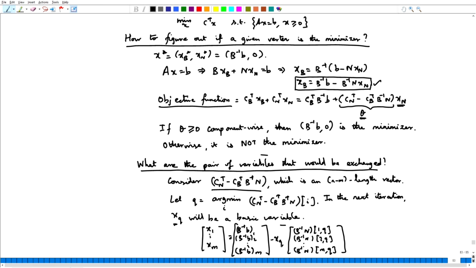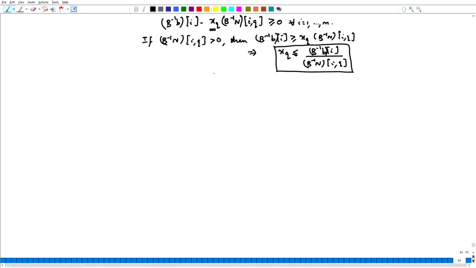Now that I am going to increase x_q and B inverse N of (1, q) is negative, x_1 is certainly going to increase. So, I do not need to care about those i's for which B inverse N of (i, q) is negative. I am going to only consider the other i's.